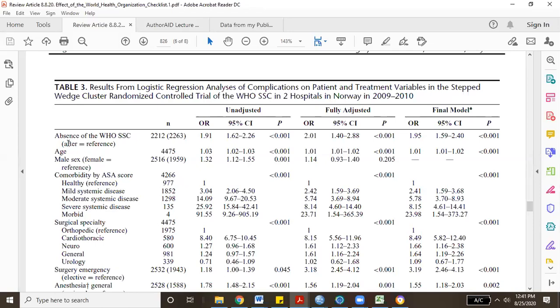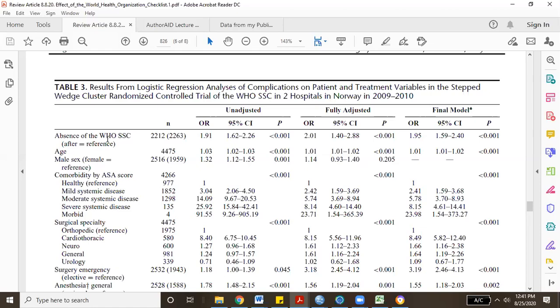All right. So this is the dichotomized variable, absence of the WHO checklist, and after. After means the use of the WHO checklist. This is the number, and this is the odds ratio, which is 1.91.